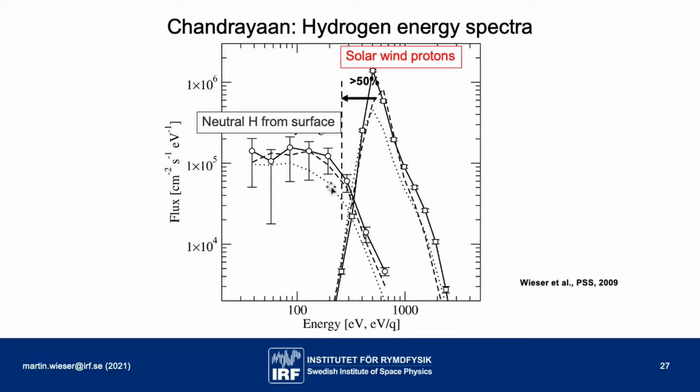And also the cutoff energy for the energetic neutral atoms shifts to the left when the solar wind energy is getting smaller. Also notable is that there is typically an energy loss of about 50% from solar wind protons to the energetic neutral atoms emitted from the surface.